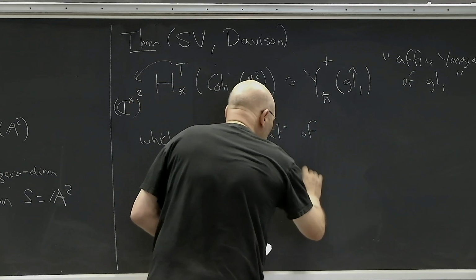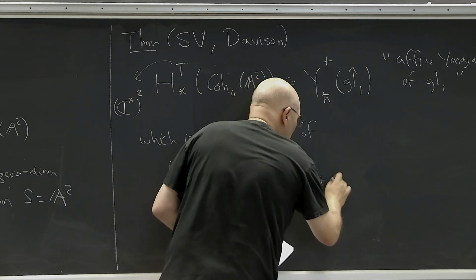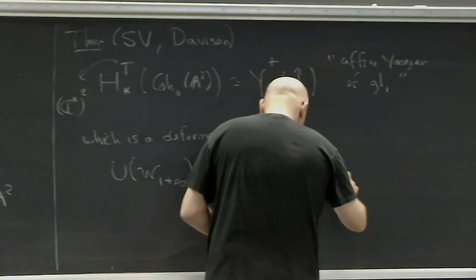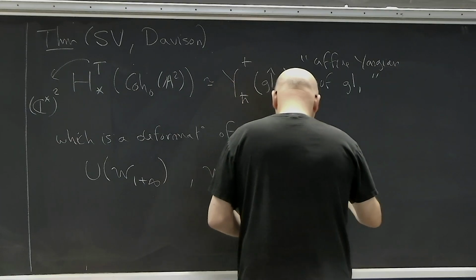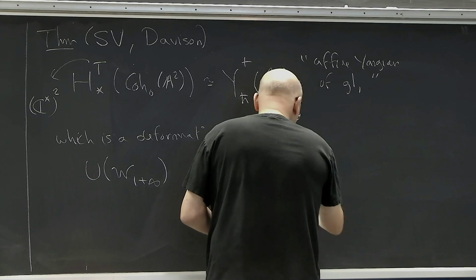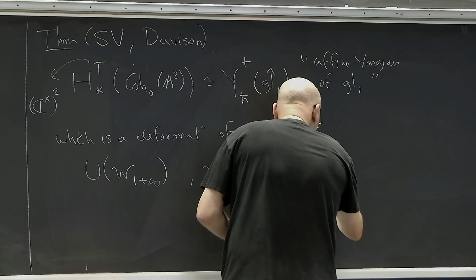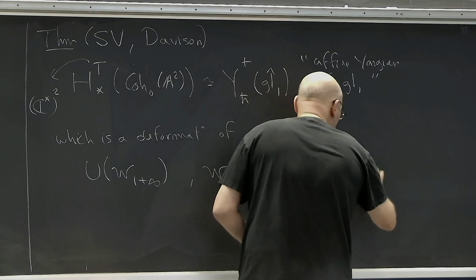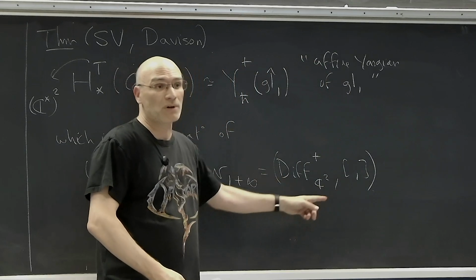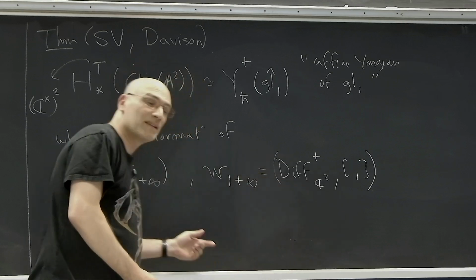Where W1 plus infinity is the algebra of non-constant differential operators on C2 with the Lie bracket. Okay, so this is an associative algebra, but we consider it with a Lie bracket. And then we take the enveloping algebra.